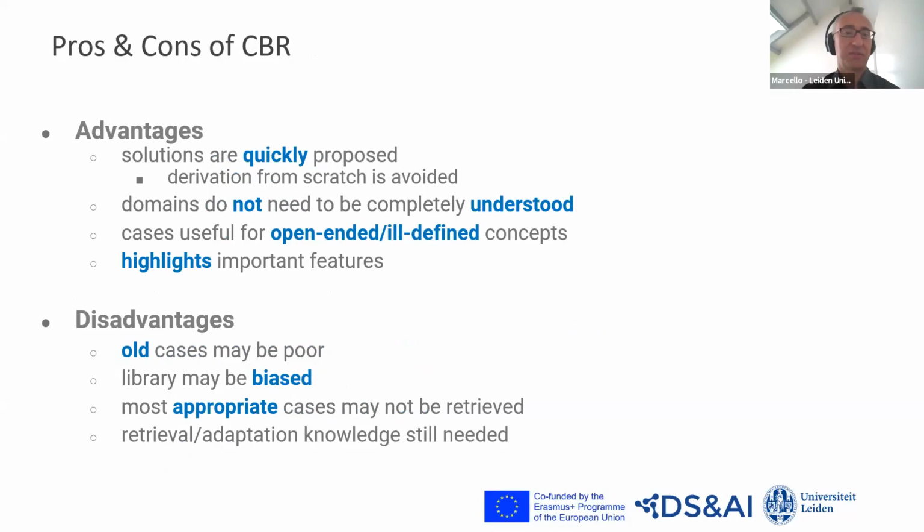And what are the advantages and disadvantages? The major problem is that you have some bias here, and that can be a major problem. It all depends on how good your example cases are. So that's all case-based.